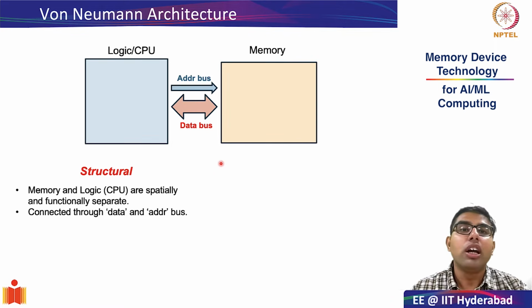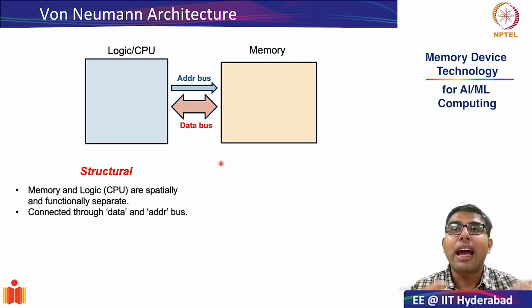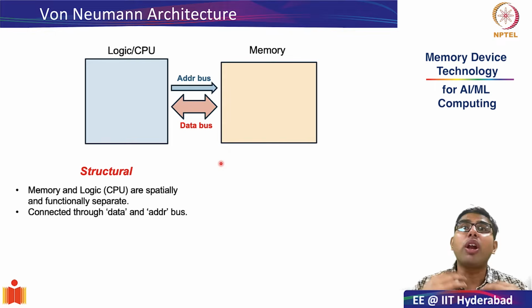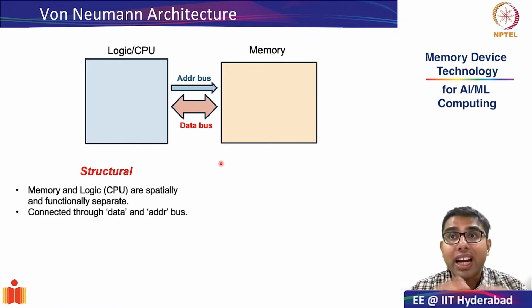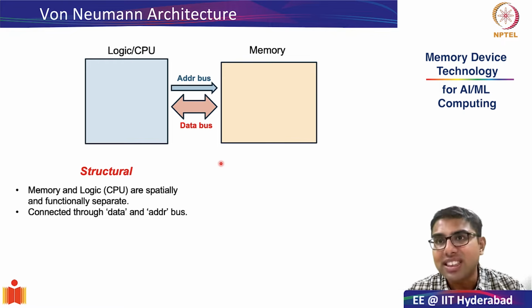Therefore, people started looking at how we can make machines do computing. The von Neumann architecture is one of the earliest architectures to enable computing in artificial systems.